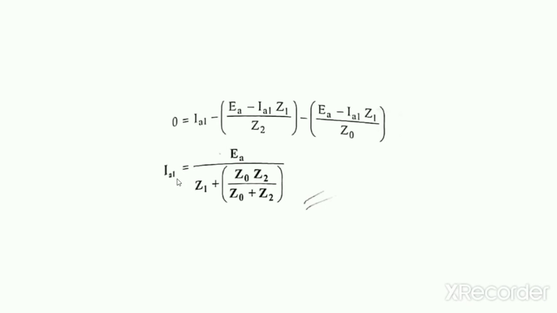Then we obtain 0 is equal to IA1 minus EA minus IA1 Z1 by Z2 minus EA minus IA1 Z1 by Z0. Okay, from this equation, we write down the formula for IA1.